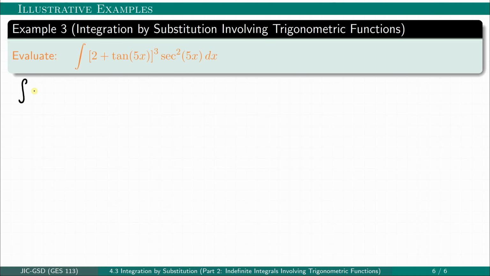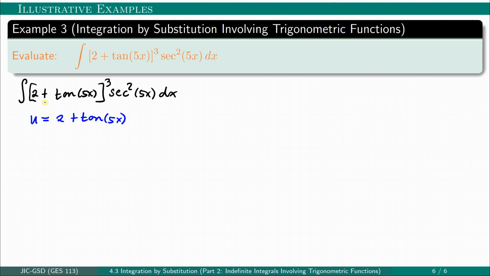Finally, we are asked to find the integral of 2 plus tangent 5x, raised to 3, multiplied by secant squared 5x dx. Note that tangent and secant squared are related. In particular, if we take the derivative of tangent, it will be secant squared. So we can let u here be 2 plus tangent 5x, the entire base. So this will be the derivative on the left side, du.